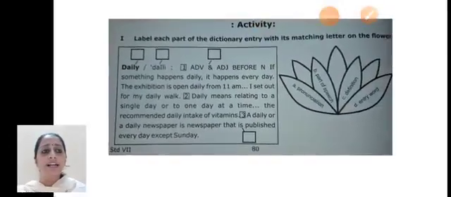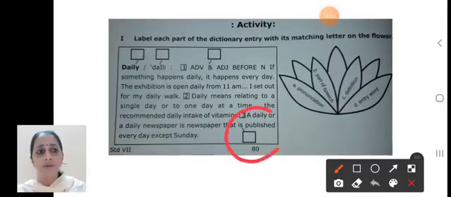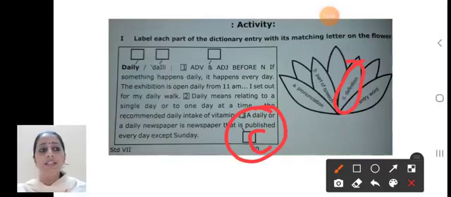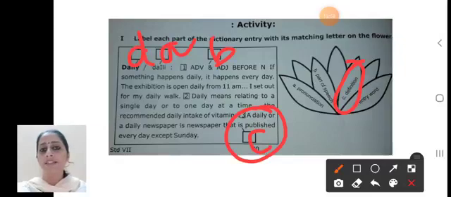So here I have the fourth box. If you can see carefully, the fourth box happens to be here. So this is nothing but the definition. Yes, so it is C. So the first daily is the entry word, the second daily is the pronunciation, the third box has B, and the last box is C. Clear, students?